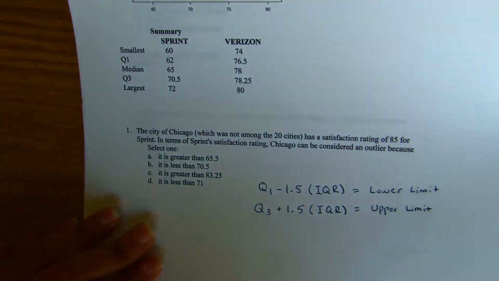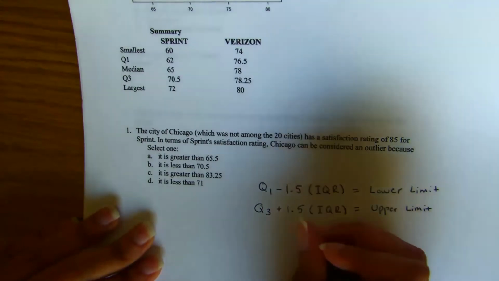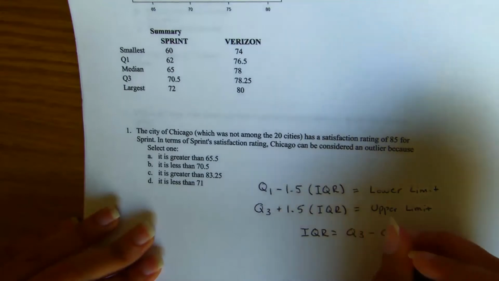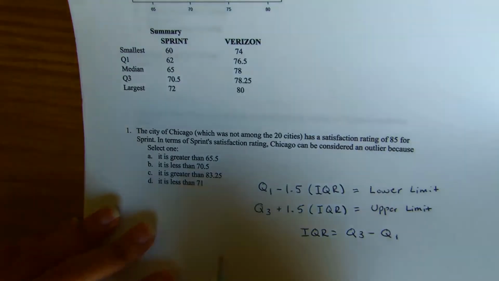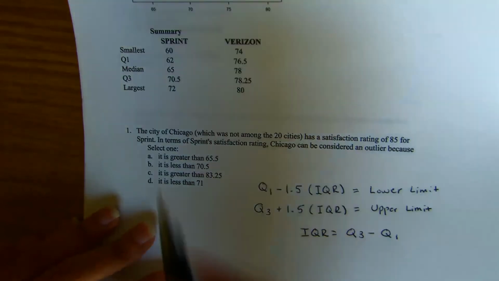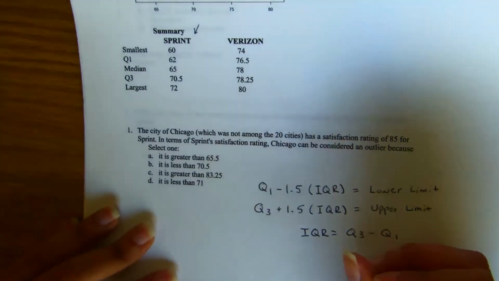The first thing we need to get is the interquartile range. If you remember the formula for IQR, it is quartile 3 minus quartile 1. Looking at Sprint here, let's first get the IQR.